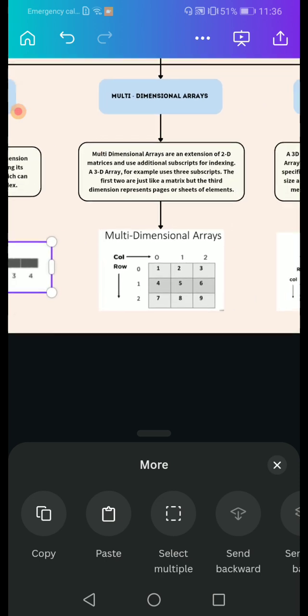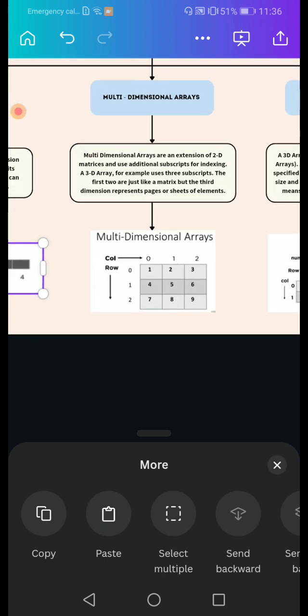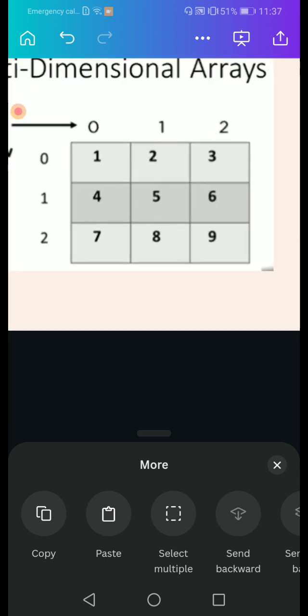The second one is multi-dimensional arrays. Multi-dimensional arrays are an extension of the 2D matrix and use additional subscripts for indexing. A 3D array, for example, uses three subscripts. The first two are just like a matrix, but the third dimension represents pages or sheets of elements.